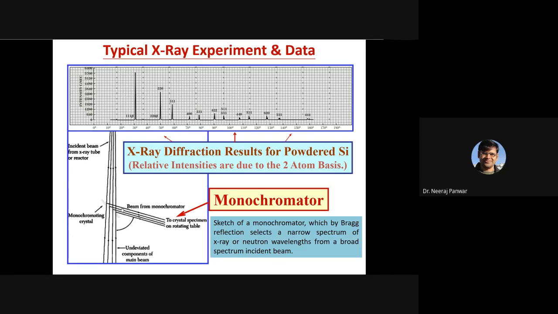We will get X-rays of a particular wavelength, and most of the X-rays will pass, only some part will go. And here we have a crystal that is kept on a rotating plate, and it will produce a diffraction pattern, and the diffraction pattern will go in some particular direction, and it will produce this type of pattern.